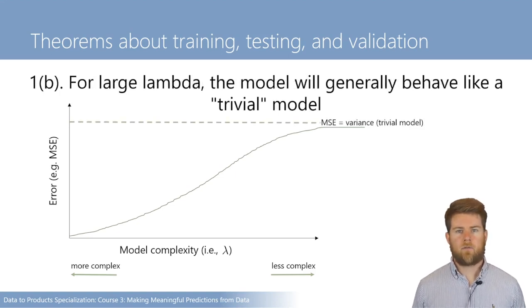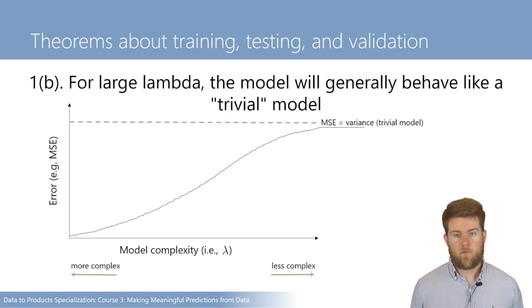Okay, and typically if you've implemented your regularizer well, as your regularization strength, or the value of lambda, increases, the model should gradually start to behave like a trivial model. So for example, if we had a model with just an offset term and a bunch of parameters capturing the effect of different features, if we regularize those parameters very extremely, the model would be doing nothing but predicting a constant all the time.